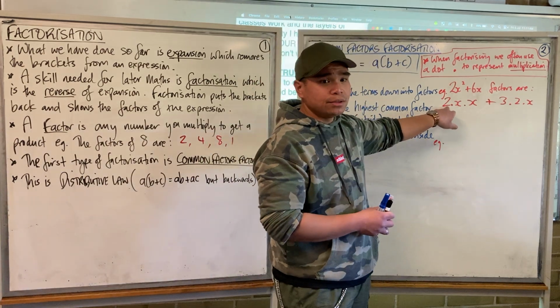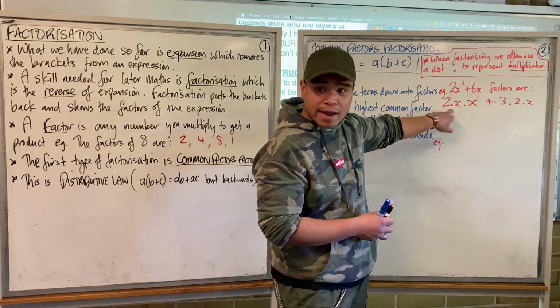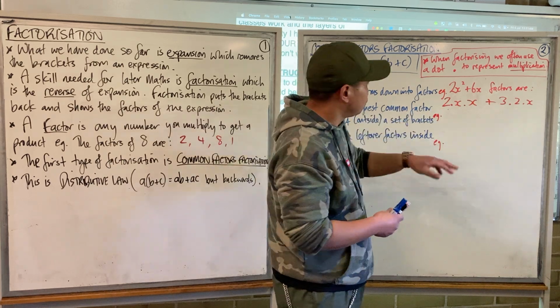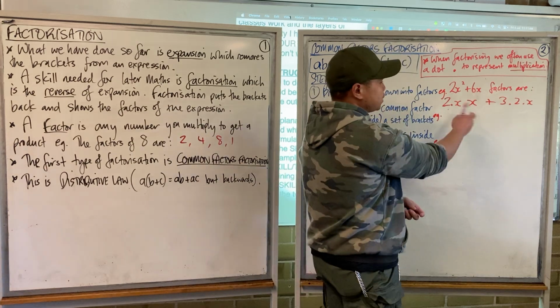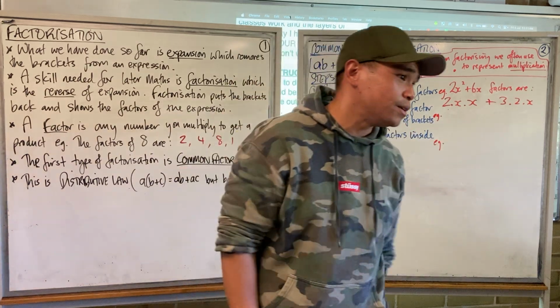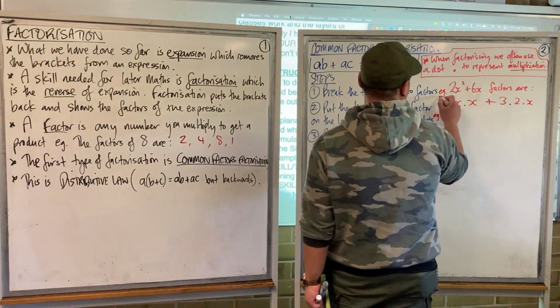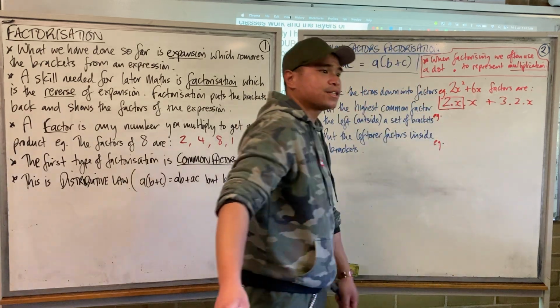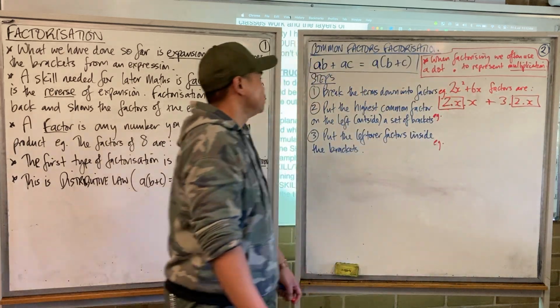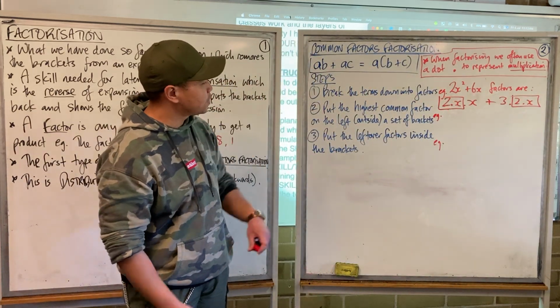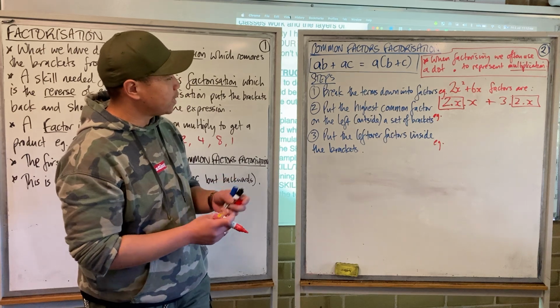Is there a 2 in both? Is there also an x in both? Do I have a 2x and a 2x right next to each other? So you could say that 2 is in both, but that's not the biggest factor. What's the biggest factor that I can get out of this? 2x is in one of those, and 2x is in the other. So according to this step, put the highest common factor on the left outside a set of brackets.